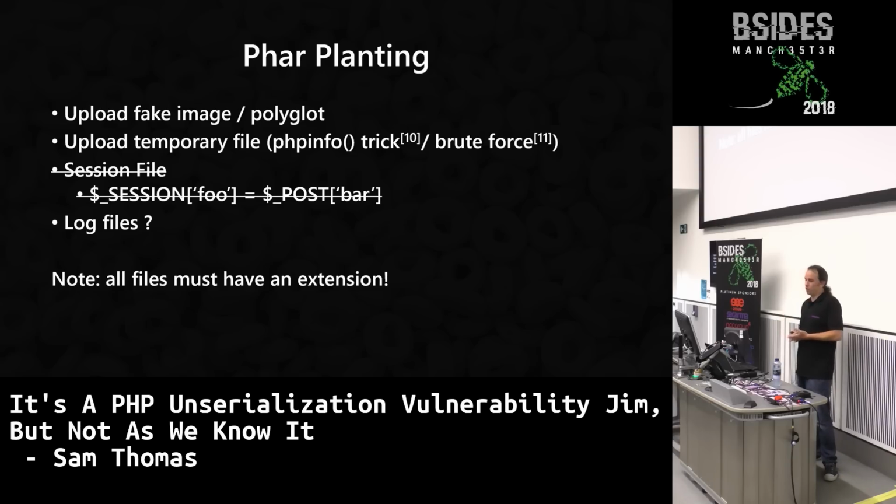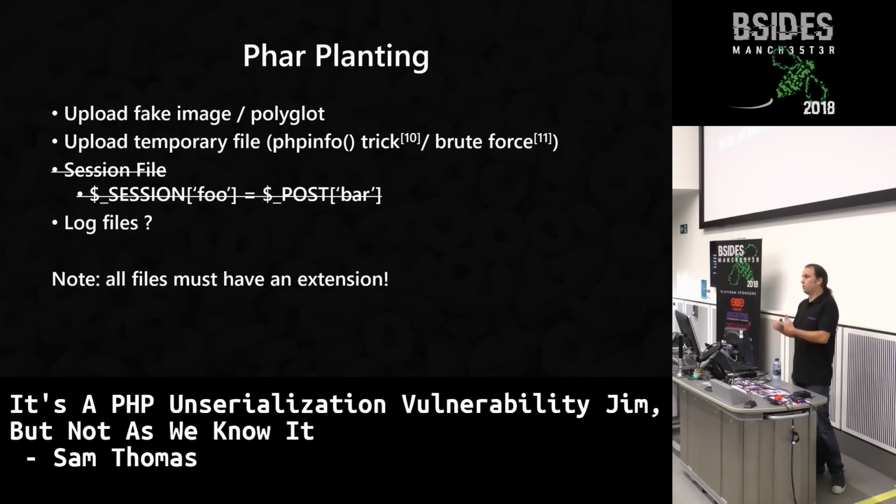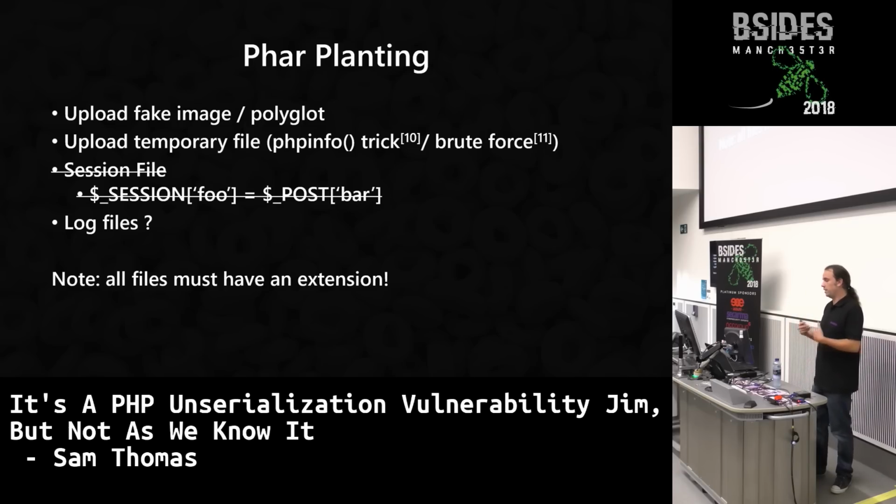So Brett Moore came up with a really cool technique with PHP info, whereby if you upload a file to a PHP page, it gets saved to the temporary folder, and the $_FILES array gets populated. And PHP info outputs this, so it will tell us where that temporary file is. But as soon as PHP info has finished outputting, it will delete that file. But what we can do is stall PHP info by refusing to receive its output once we've got what we need, and that will cause the file to persist for some time.